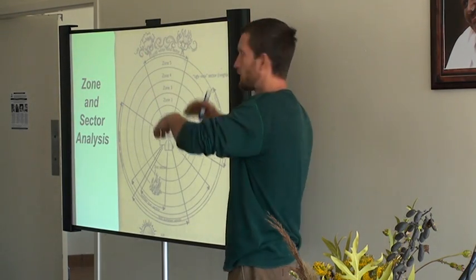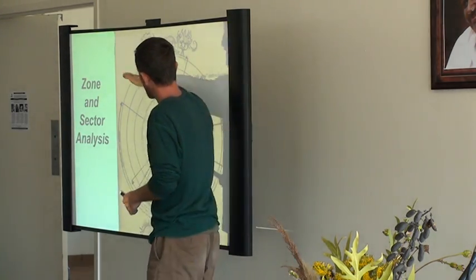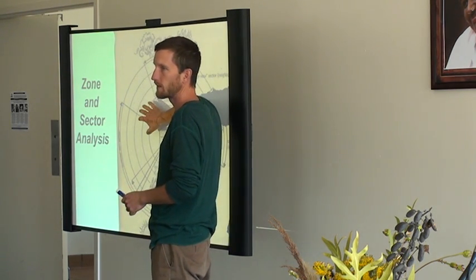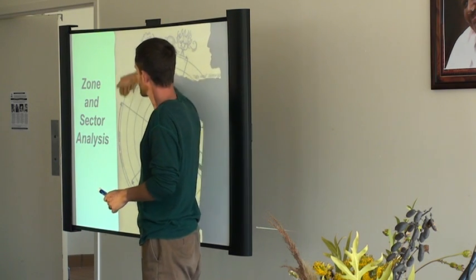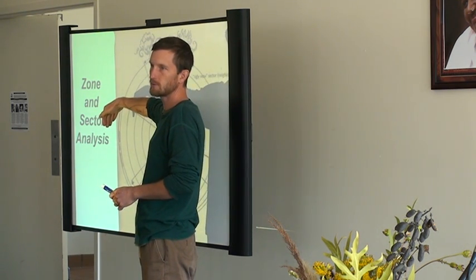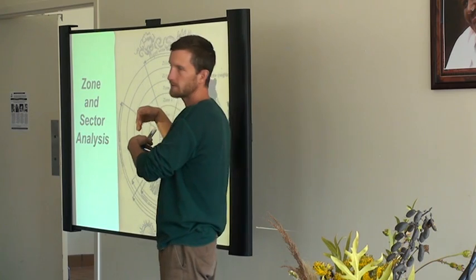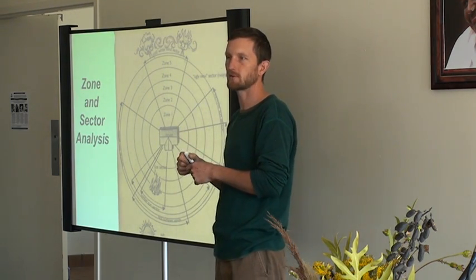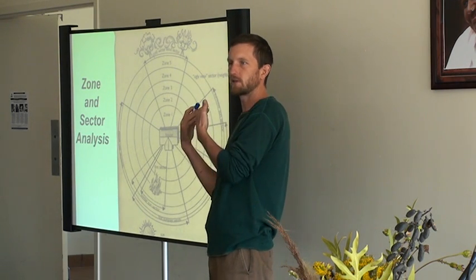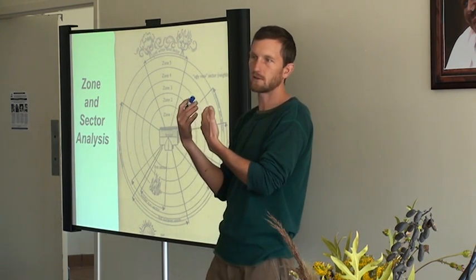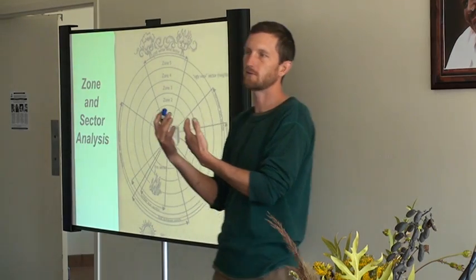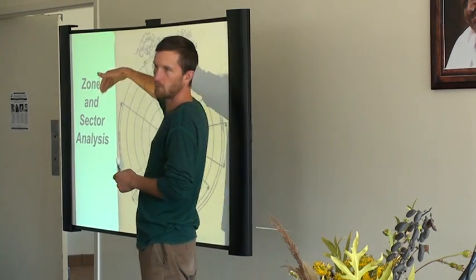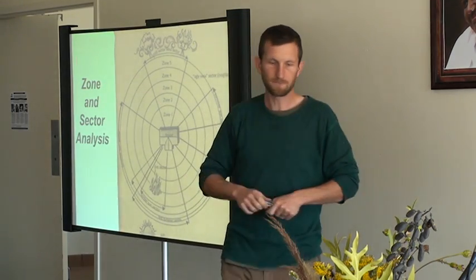So it makes you think, okay, if we have a real strong wind sector coming from the northwest side, we're going to want to establish as much windbreak on this side as possible before we plant any of our fruit trees or vegetable gardens or animal pastures on the downwind side of it, because all of those things are going to be healthier and less stressed if they don't have this predominant wind blowing on them.